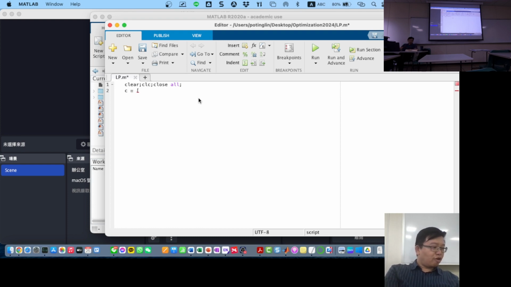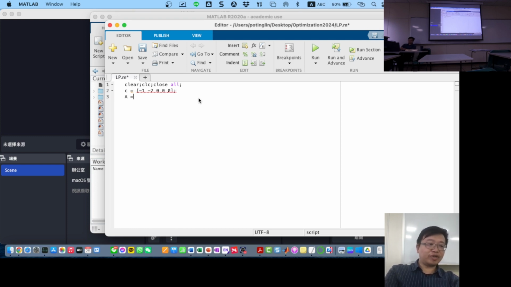So I will just solve the homework. So for the homework, -6, -1. I don't want to solve the homework because I need to convert. So I will just solve the example that I showed last time. So C is -1, -2, 0, 0, 0.